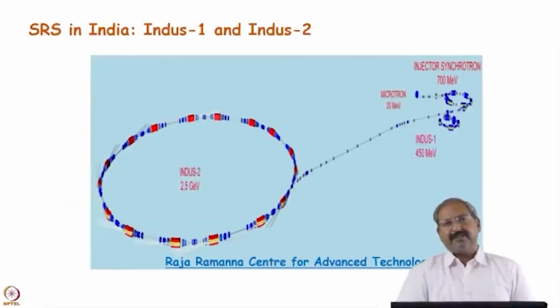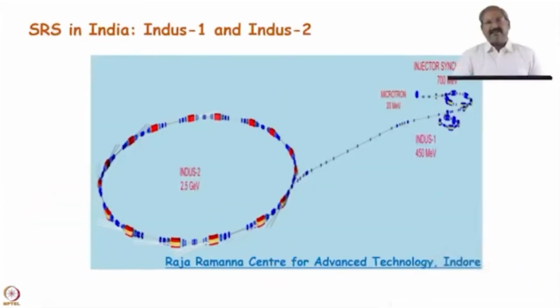Now, in our country, at RRCAT, Raja Ramanna Centre for Advanced Technology, Indore, we have synchrotron radiation sources. These are the only two synchrotron radiation sources in our country, and these are housed in the RRCAT. So this is the simple layout of that facility.